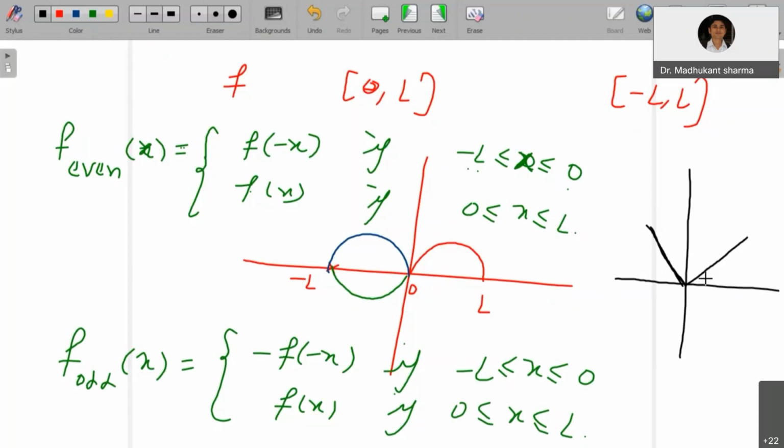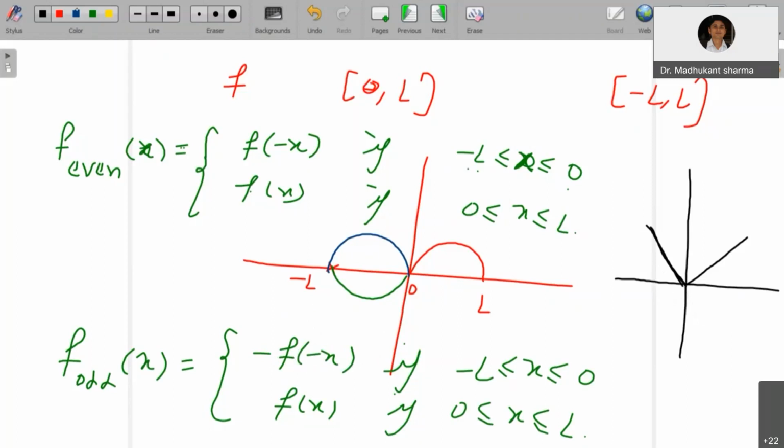Now, if you want to have the odd extension, odd extension means minus of f of minus x, so that's going to be y equals x only.